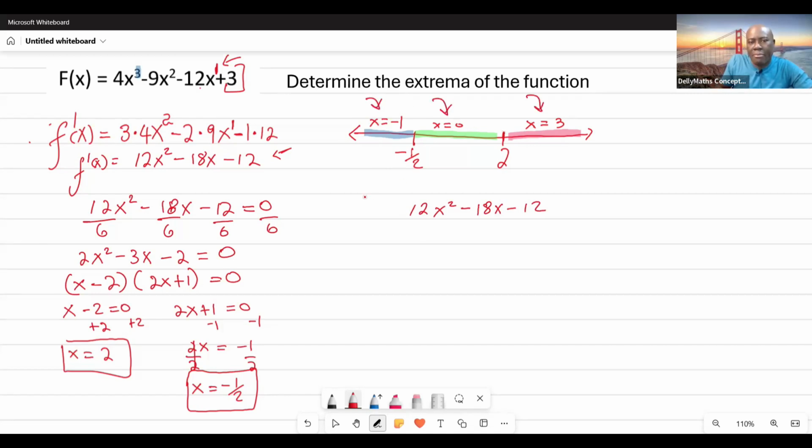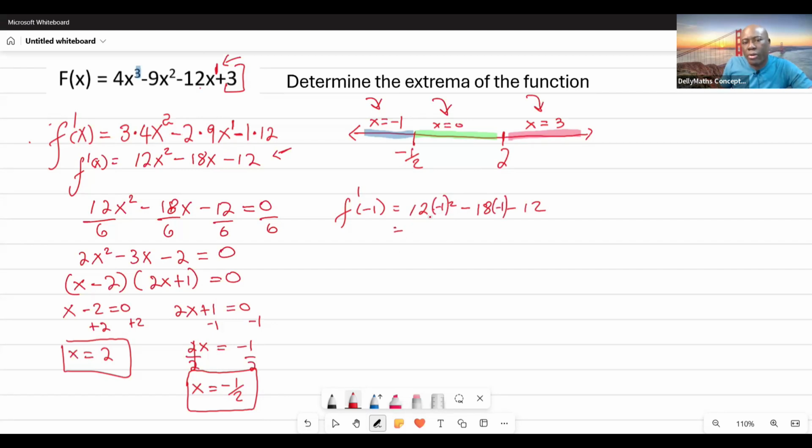So basically, I'm finding f prime of -1. I want to know what this is equal to, right? So wherever my x is, I'm going to remove it, and I'm going to put -1. We're putting in -1, as you can see.